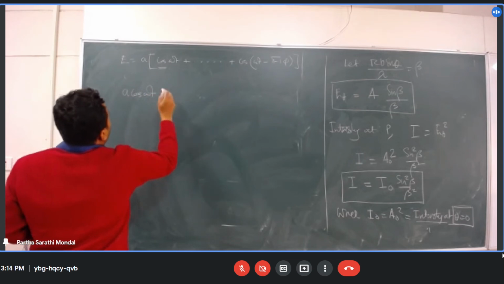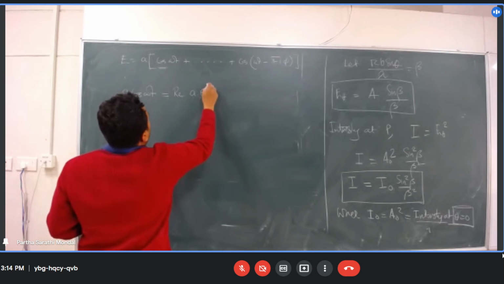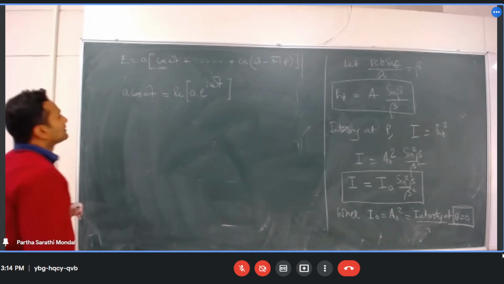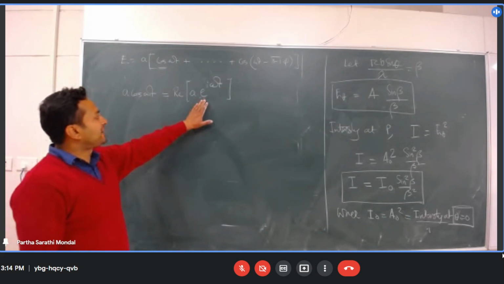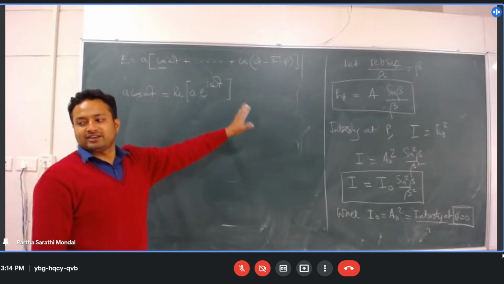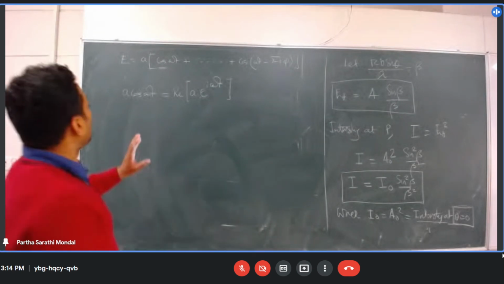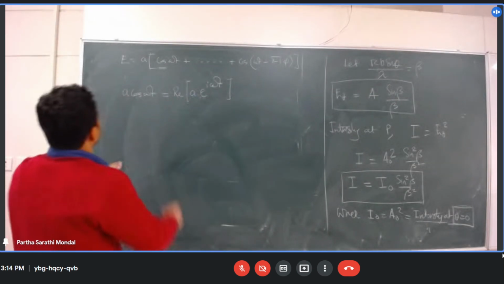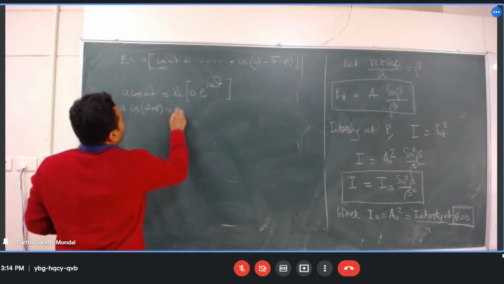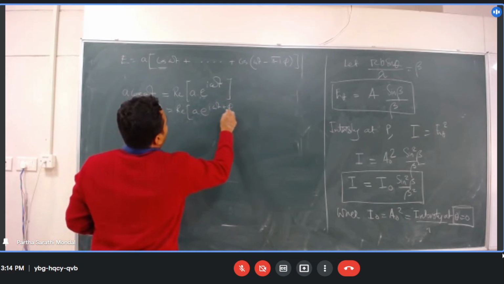ओके, सो नाउ आप बताइए, एक्चुअली मैं इसका समेशन निकाल रहा हूं, तो A cos omega t मतलब क्या है, आप इसको लिख सकते हैं रियल पार्ट ऑफ A e to the power i omega t. ये ऑयलर्स थ्योरम में क्या हुआ, e to the power i omega t cos omega t plus i sin omega t, है कि नहीं? हाँ सर। तो हम लोग उसको रियल पार्ट लेंगे तो ये होगा। सिमिलरली आप इसको A cos omega t plus phi को लिख सकते हैं रियल पार्ट ऑफ A e to the power i omega t plus phi.